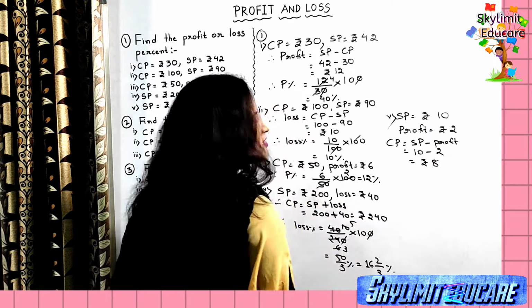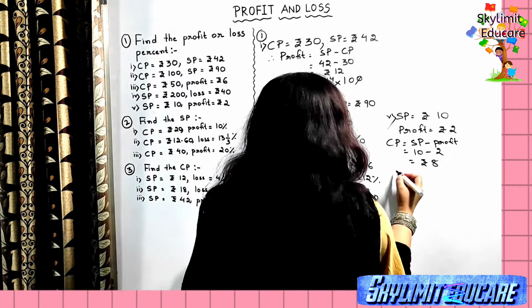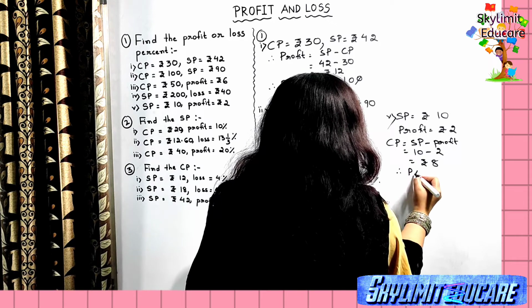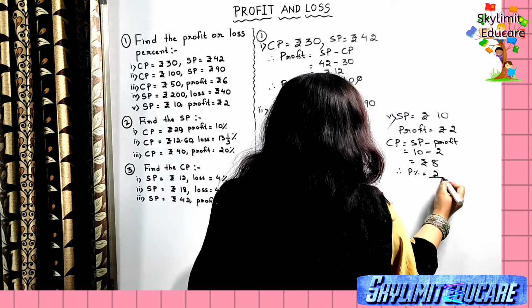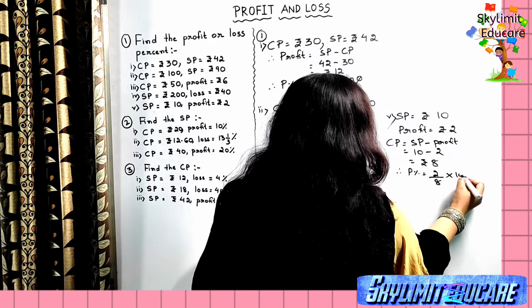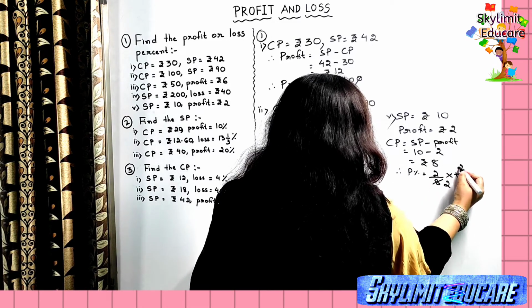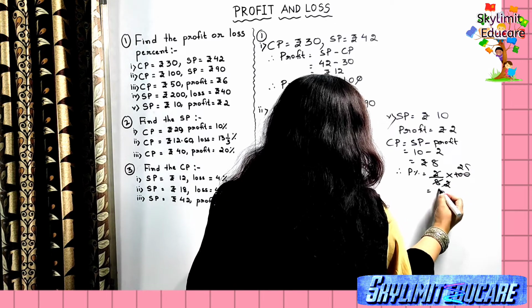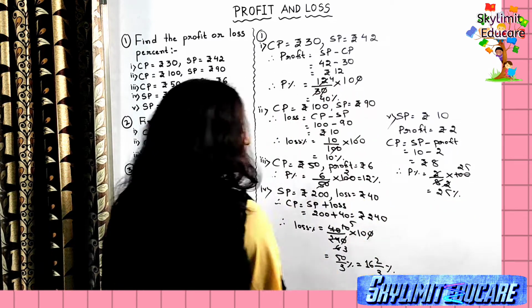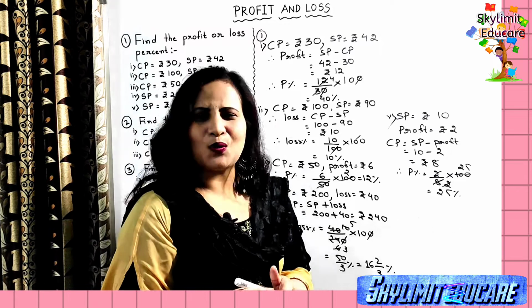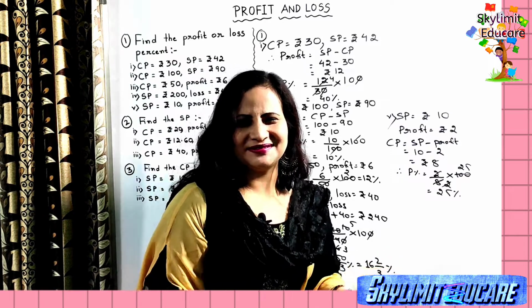So you got a profit of rupees 2. Now, you can easily calculate. Therefore, profit percent will be profit by cost price multiplied by 100. That comes to 25%. Okay. I think the idea is getting quite clear with everyone.